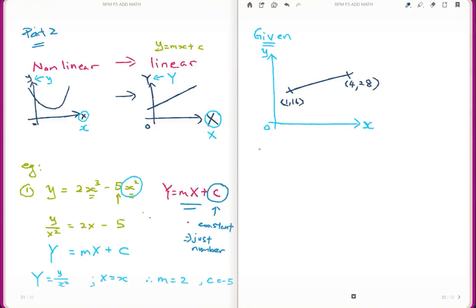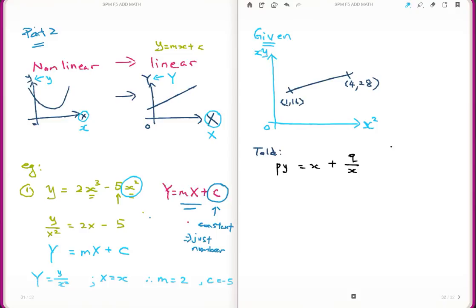You were told that this line is related by the equation py equals x plus q over x. Oh, sorry. You were told in the question this is actually x squared. And sorry, this is xy.